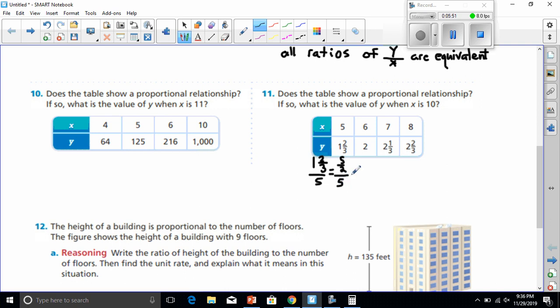Well, when we have a fraction divided by a fraction, we have to remember to use keep, change, flip. So this is actually going to become 5 over 2, and we're going to multiply this by the opposite of 5 over 1, which is 1 over 5.